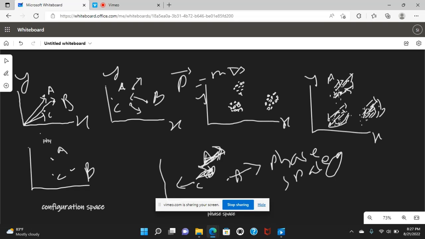We are taking all these clusters of objects as a whole and considering each cluster a point in phase space, and we are also taking into account the vectors and their respective velocity as the velocity of a point in phase space.